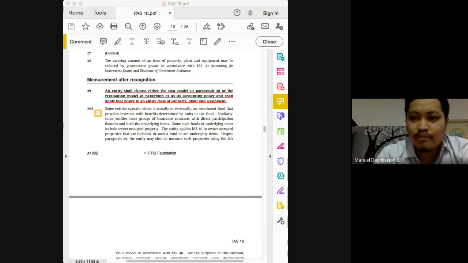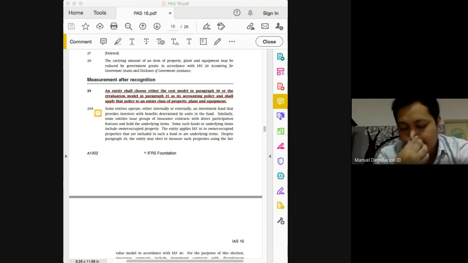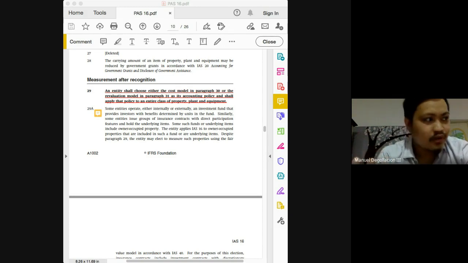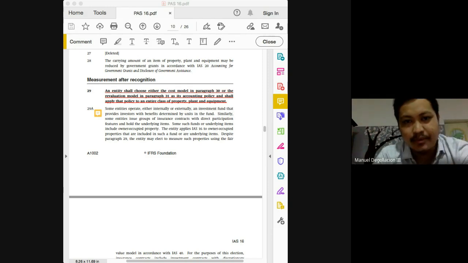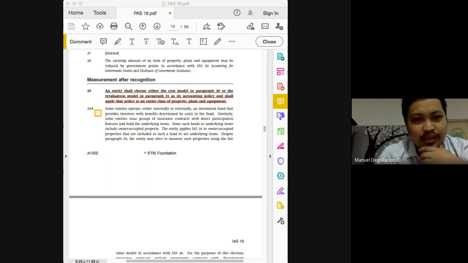In the discussion on PAS 40, class, which governs your investment property, the distinction between owner-occupied property and investment property is really important. But as far as PAS 16 is concerned, we need not give so much attention as to the phrase owner-occupied property, class. Okay, the important takeaway for paragraph 29A is that this gives you an example as to assets wherein PAS 16 should be applied.